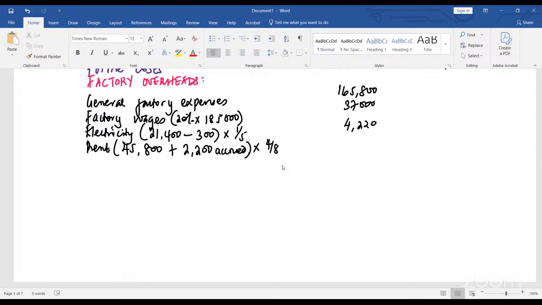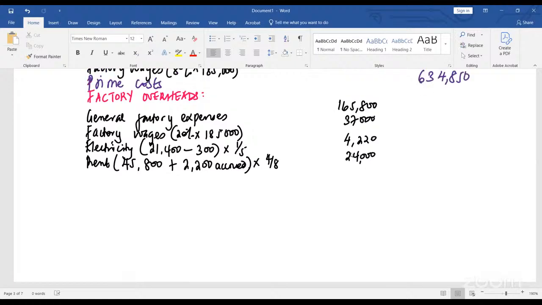That's 24,000. So 24,000 is what we are going to take as the rent for the factory. That will appear as 24,000. That is our rent for the factory.